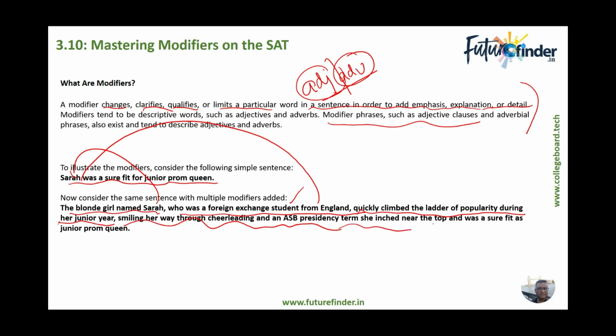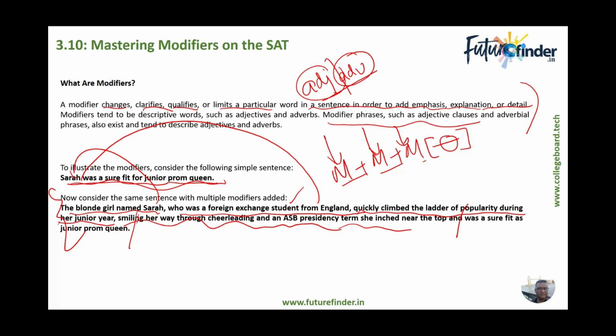And finally, the idea of the sentence comes at the end. So it is like modifier plus modifier plus modifier, and then what the original sentence was all about. So the extra bit of information that we are adding here in this simple sentence are the modifiers.